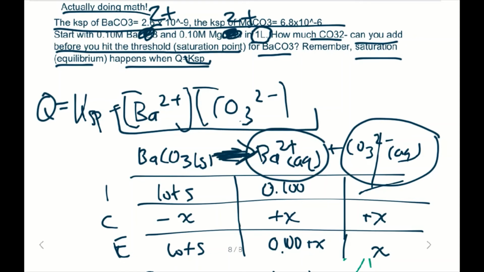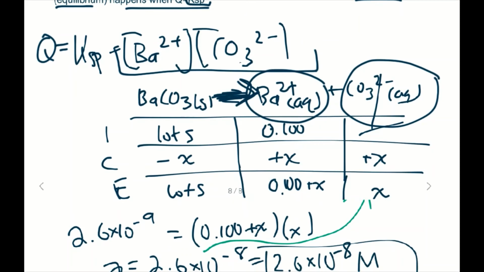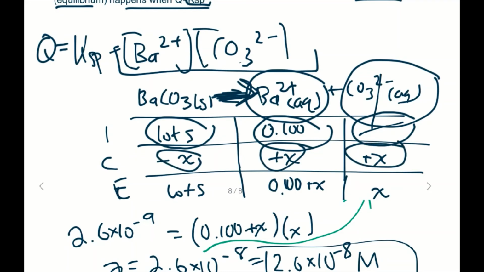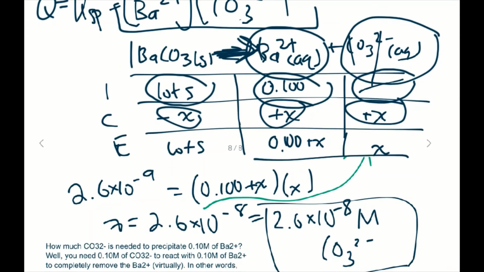So let me draw a forward arrow. And we know that we start off with lots of solid, and we don't care how much that is. We know that we start off with 0.1 molar of barium, and we know that we start off with no carbonate. So we know that it's minus x, and plus x according to the coefficients, and we get these as our equilibrium concentrations.